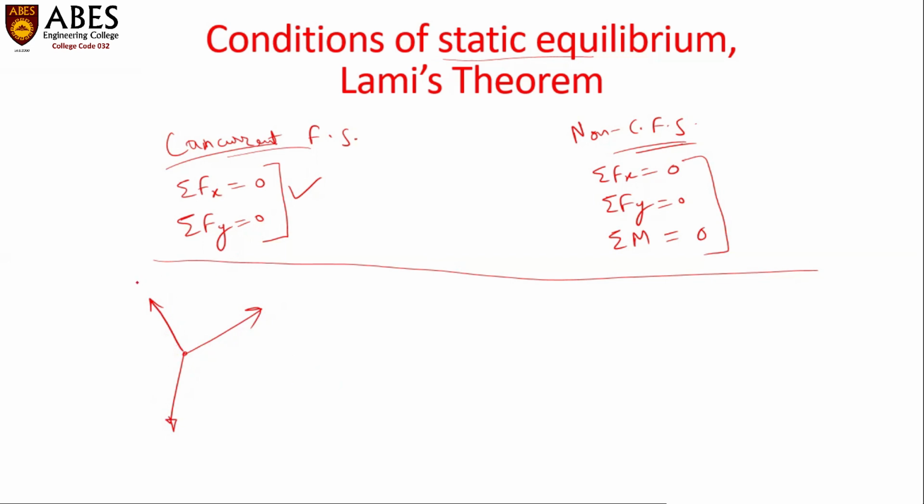In that case, suppose these forces are F1, F2, and F3, and the angles are alpha, beta, and gamma. As per this theorem, F1 upon sine beta is equal to F2 upon sine gamma is equal to F3 upon sine alpha.